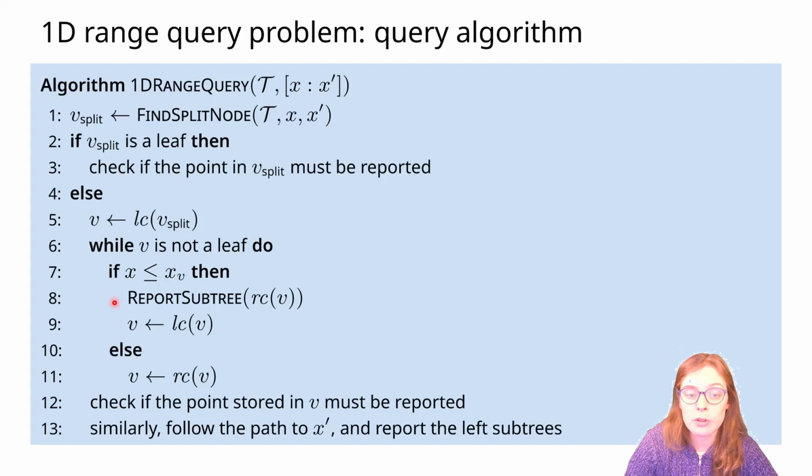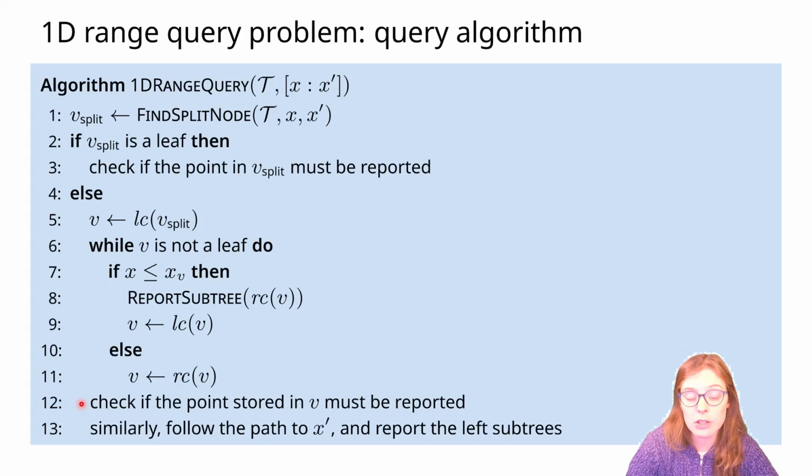But before, we want to report the subtree rooted at the right child of V. And then we recurse into the left child. And else, if the left end of the range is greater than the value stored in V, then we simply recurse into the right child. Here we implicitly prune the subtree rooted at the left child, so the subtree that fully consists of white nodes.